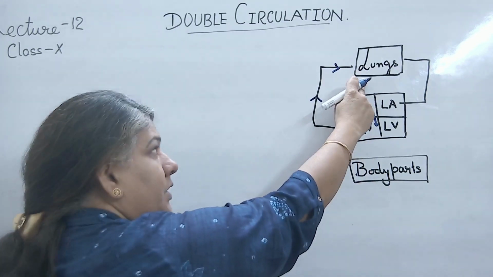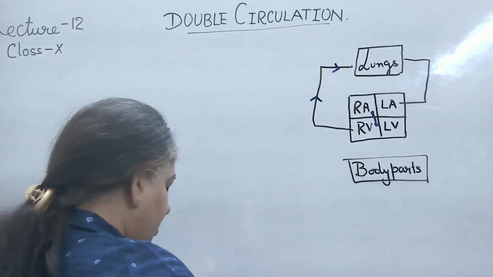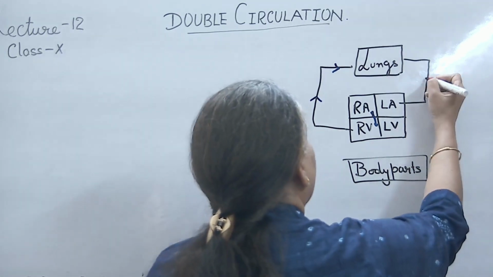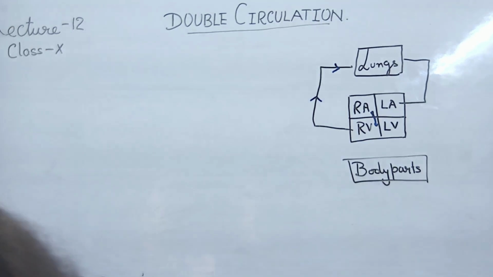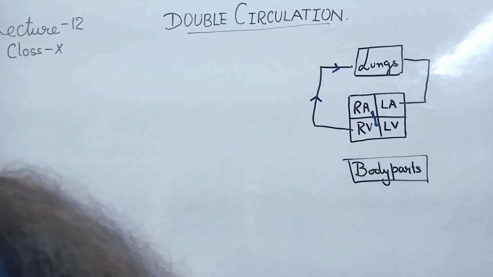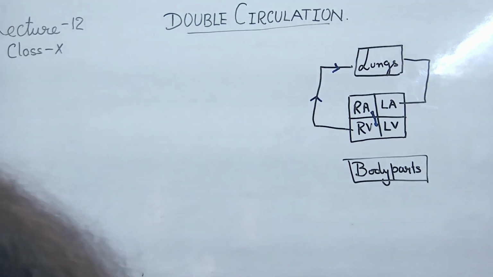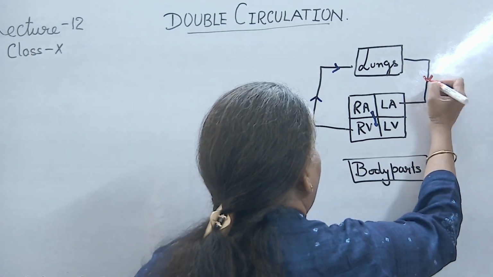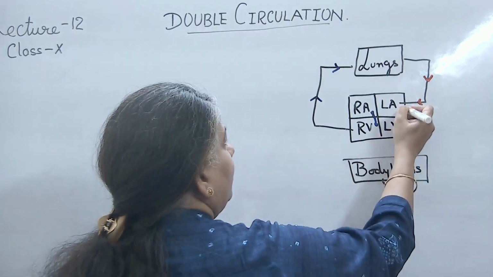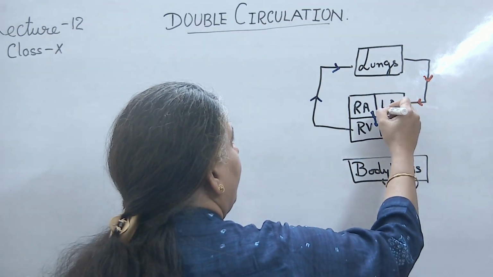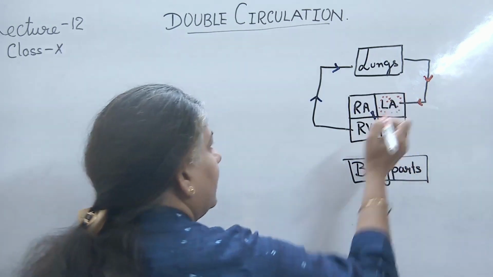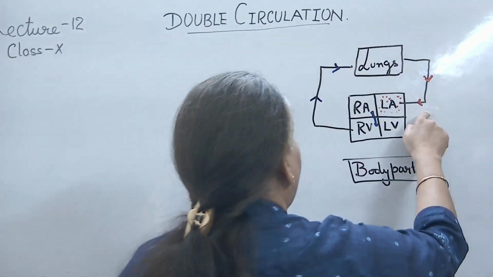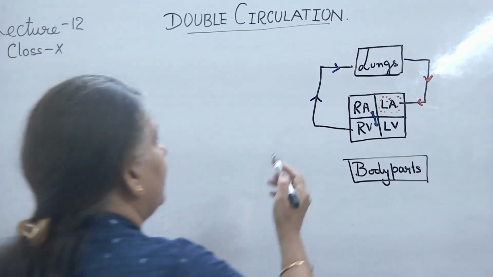See, this deoxygenated blood enters the lung. Here it gets oxygenated and returns to the heart as oxygenated blood. Oxygenated blood is shown by red. So this portion is filled with oxygenated blood. So this part is known as pulmonary circulation.